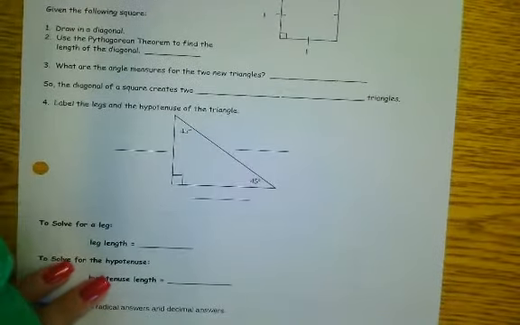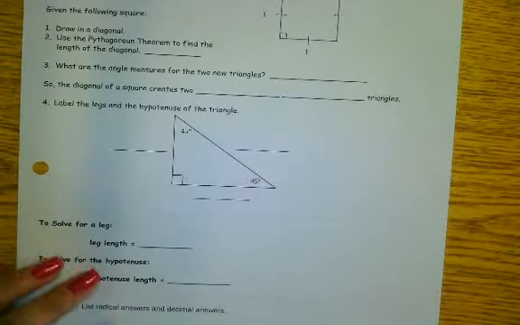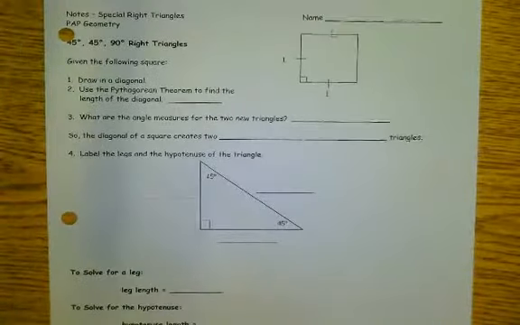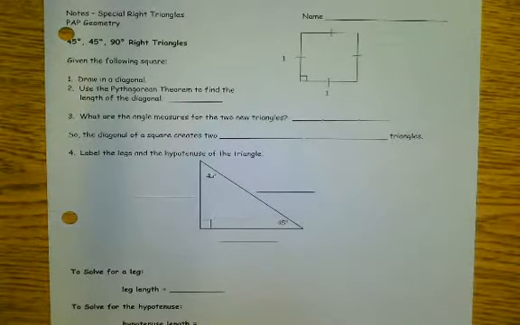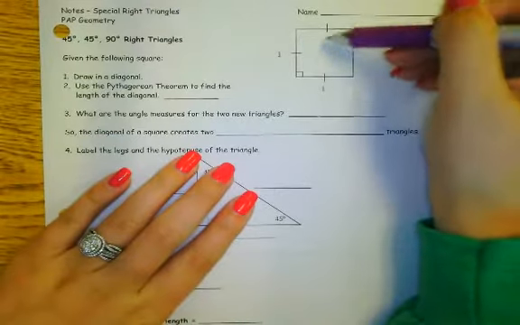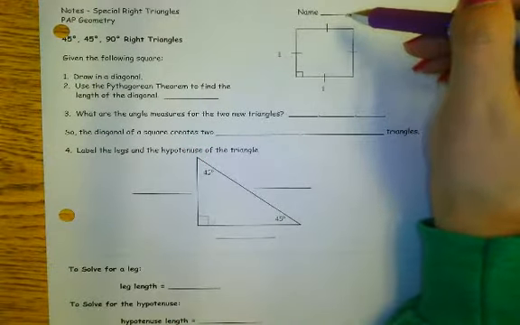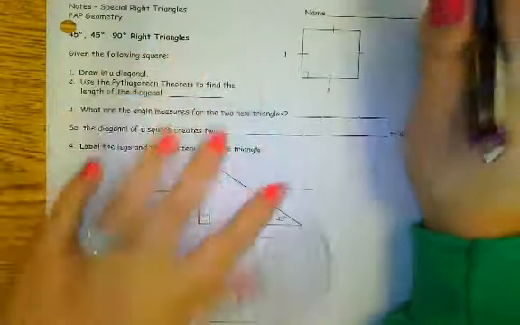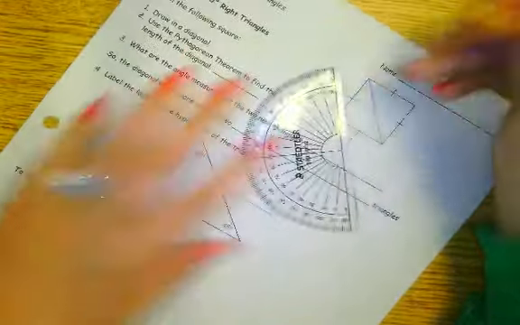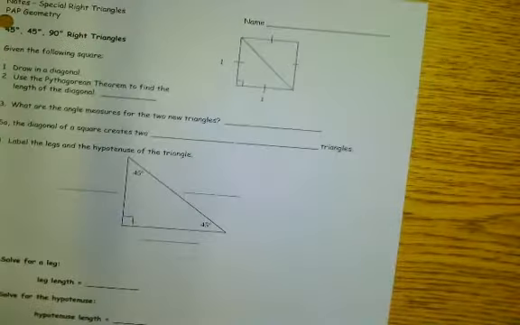Okay, so 45, 45, 90-degree right triangle. Given the following square, it says draw in the diagonal. So let's do that. If you don't have a straight edge, it doesn't have to be perfect. Just draw a diagonal. Use the Pythagorean theorem to find the length of the diagonal.